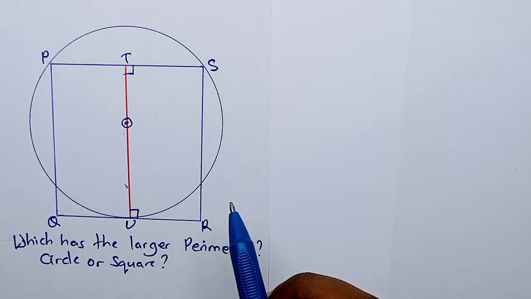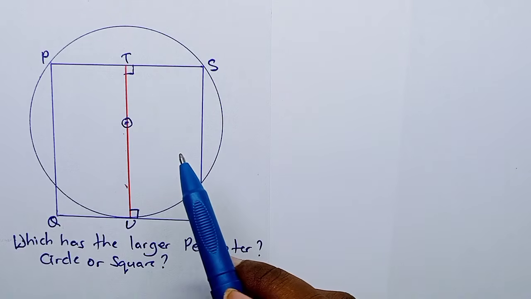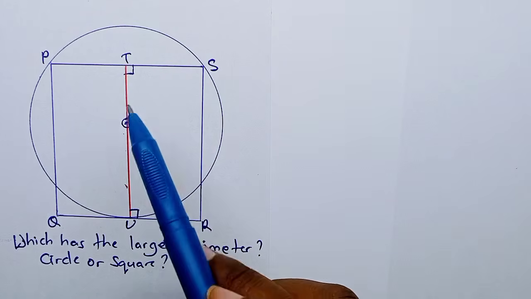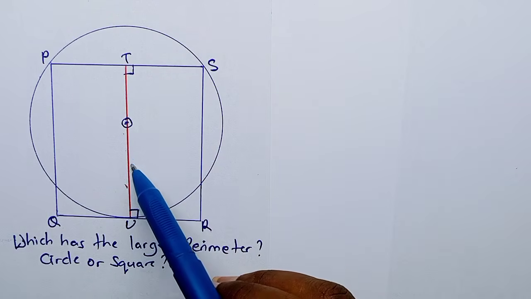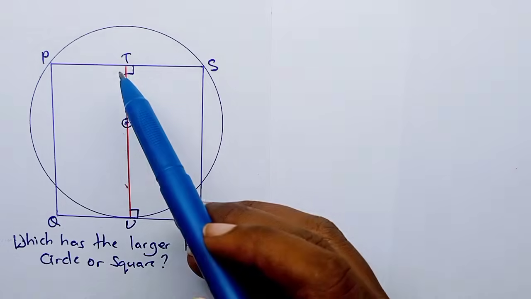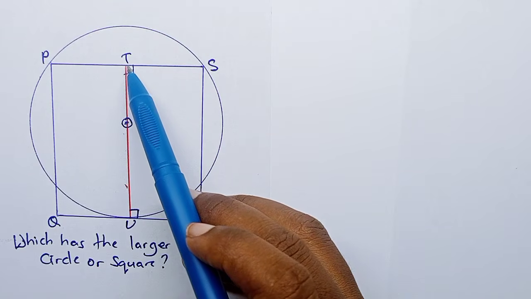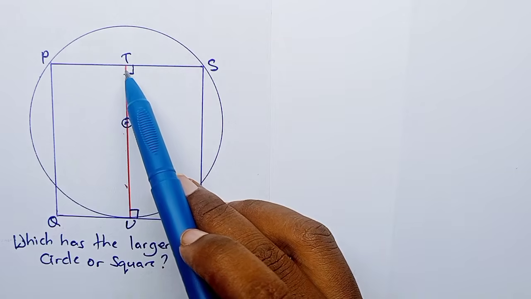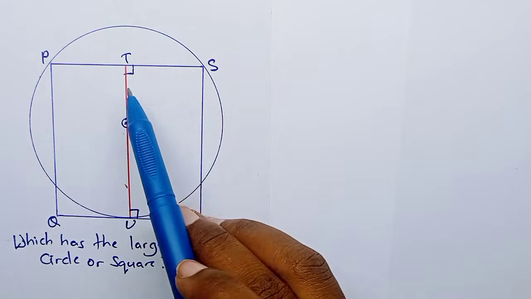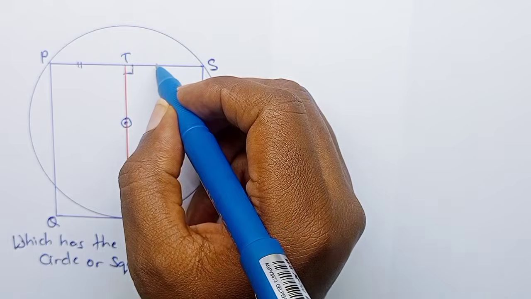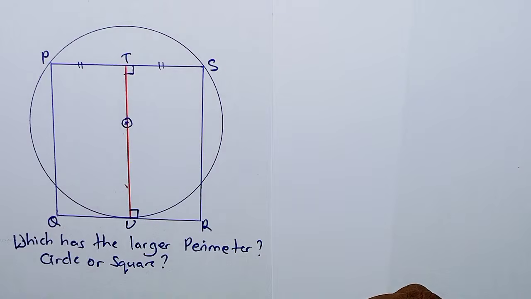Also, from the chord of a circle theorem, the radius or diameter perpendicular to a chord divides the chord into two equal parts. So as you can see, this line here, which is the radius heading towards the diameter, if it's perpendicular to the chord, then it cuts this chord into two equal parts. That implies that PT is equal to TS.